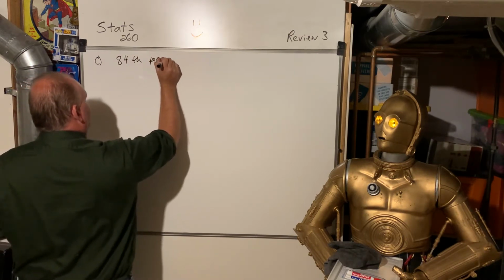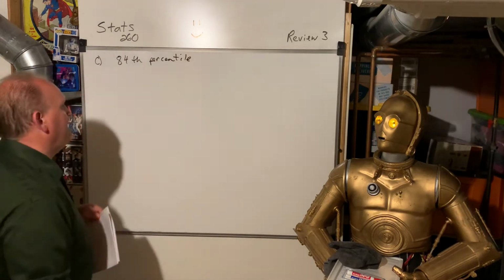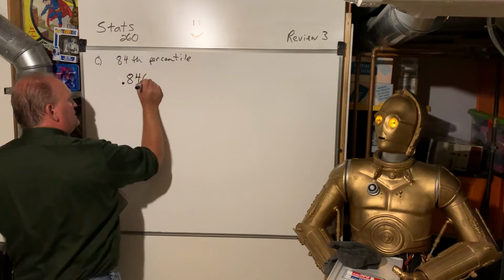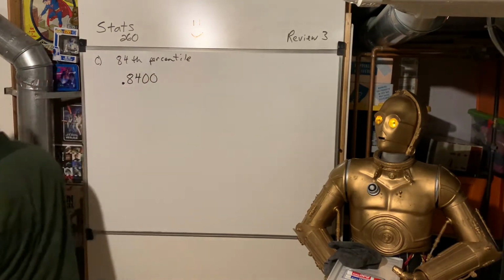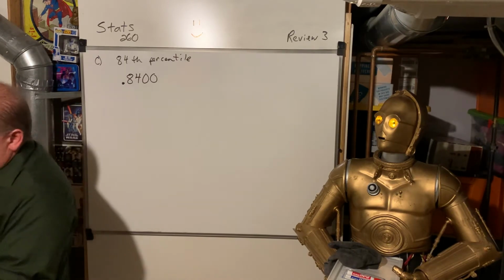And so this is tough for a couple of reasons. One, they didn't give us a z-score. We have to figure out what z matches with 0.8400.